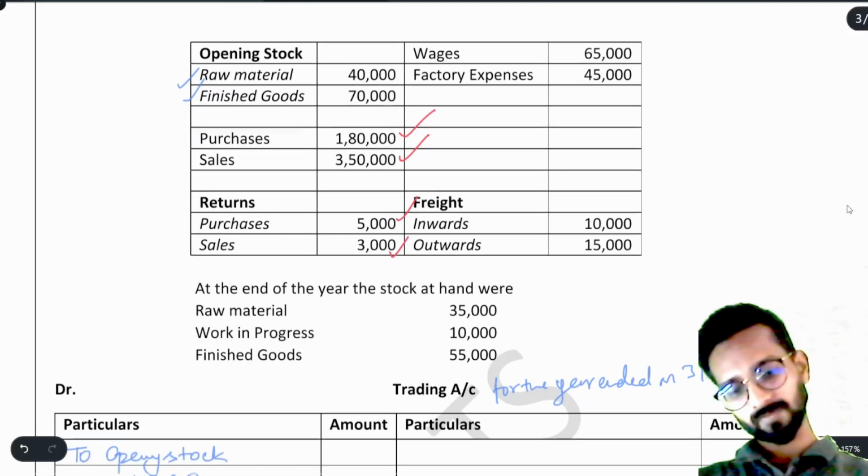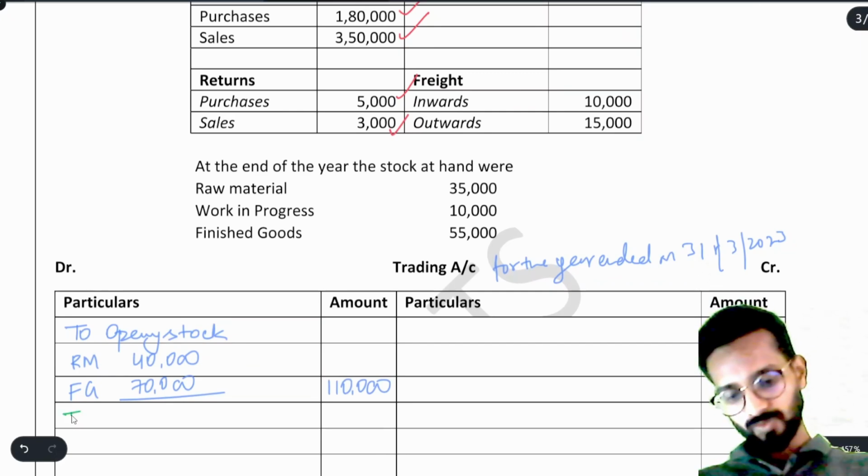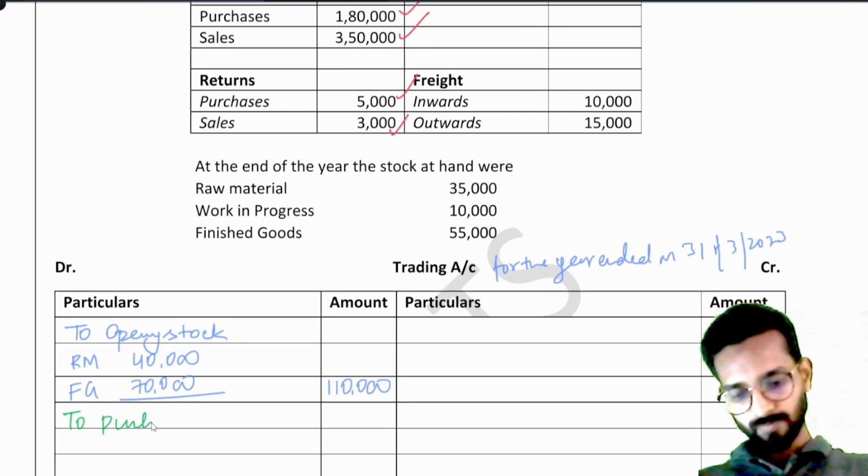Then you can write as to purchases 1,80,000, less returns how much? 5,000. So it will be 1,75,000.